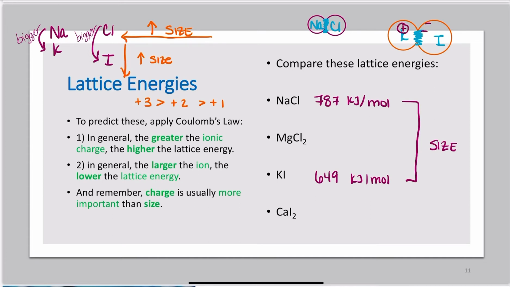This iodine has an extra negative charge to it. Same thing here, positive and negative. But these ions are smaller, which means that this negative charge is more attracted to this nucleus. It's smaller, it can reach it easier. This negative charge, although attracted to the nucleus, yes, there's a lot more electrons in the way. They're big ions. And so the attractive force between them, holding them together, is just not as strong because they're just bigger.